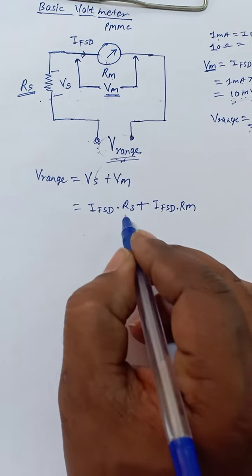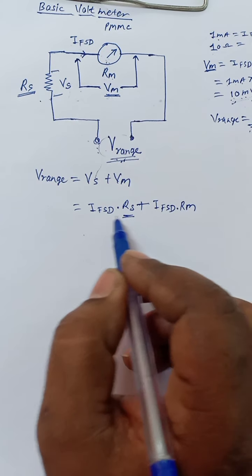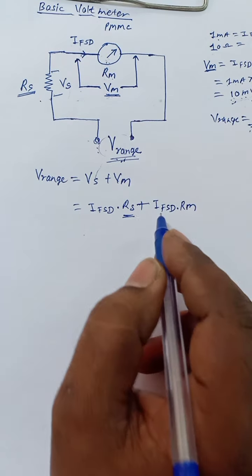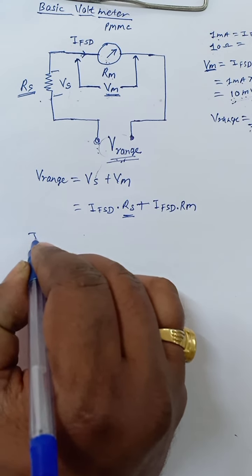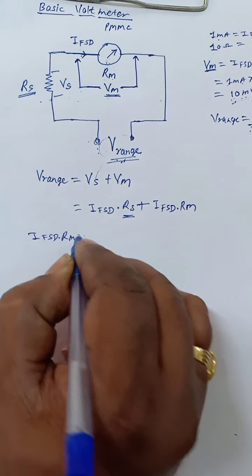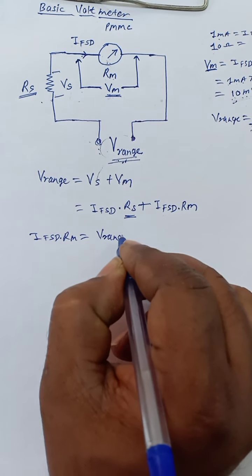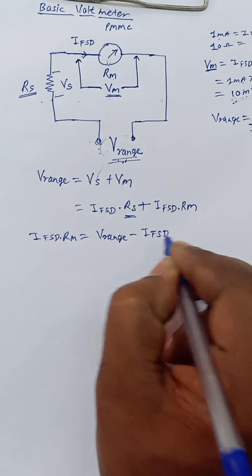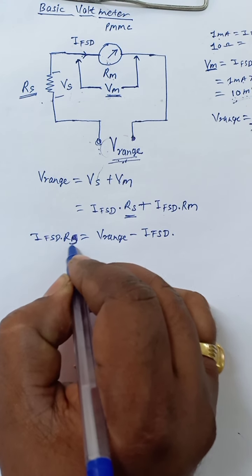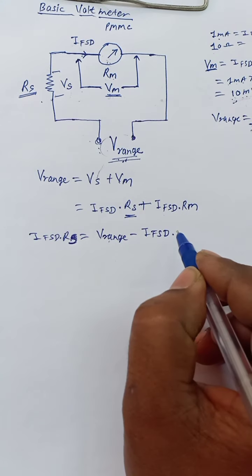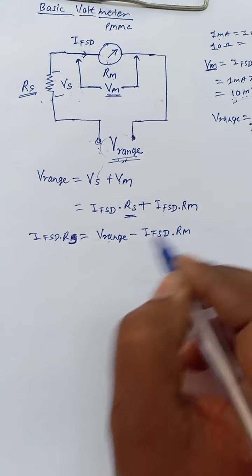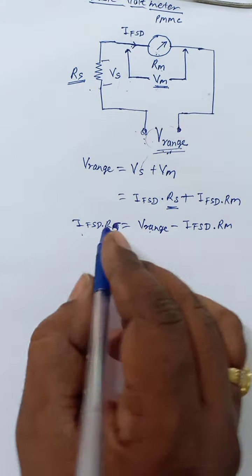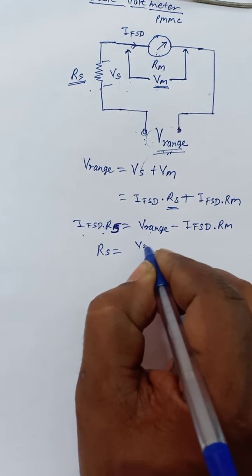Now if we solve for the value of RS, we get IFSD into RS equal to V range minus IFSD into Rm.